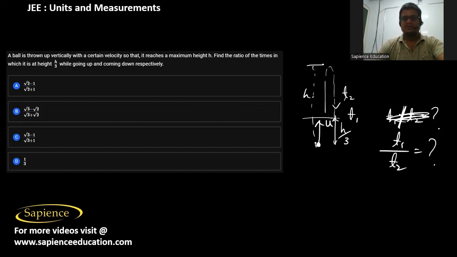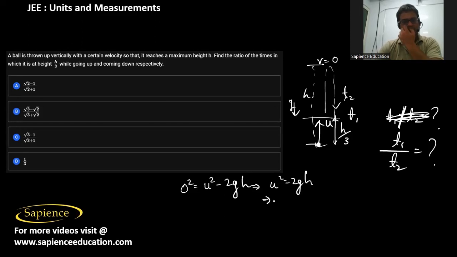So at the highest point velocity is 0, so we can say v square equals u square minus 2gh. Since g is acting vertically downwards, u square equals 2gh, so u equals root 2gh.